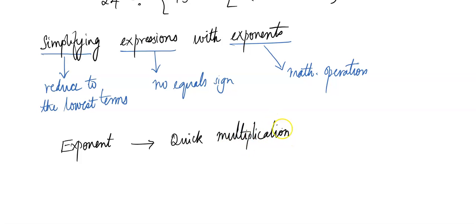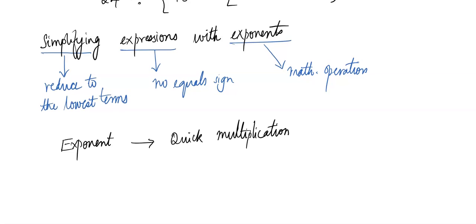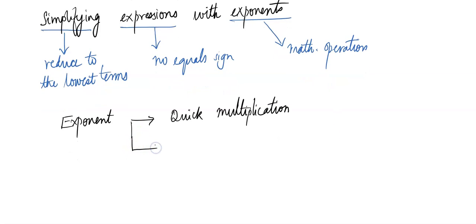Notice how multiplication itself was quick addition of repeated numbers. Exponent is quick multiplication of repeated numbers. So if I were to multiply 2 times 2 times 2, right? You can rewrite this very expression as 2 to the power 3. Notice how it is a superscript, right? It's above the 2, written to the top right corner of that 2.